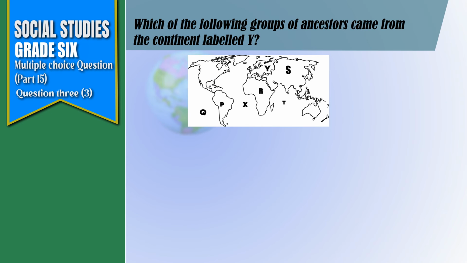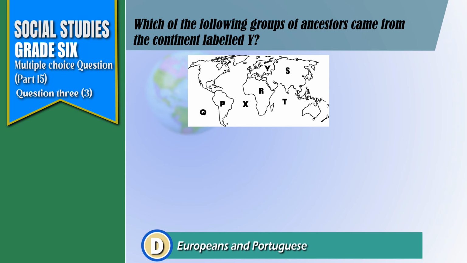The answer to question 3 is D, Europeans and Portuguese. The Europeans and the Portuguese are our ancestors who came from the continent that is labeled Y, and that continent is Europe.